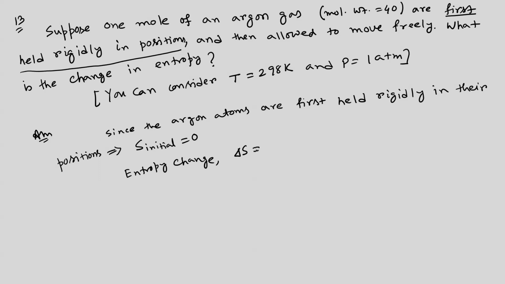We say delta S for the process is S final minus S initial, and we have obtained S initial as 0. So, we need to calculate S final. For S final we have to apply the Sackur-Tetrode equation.